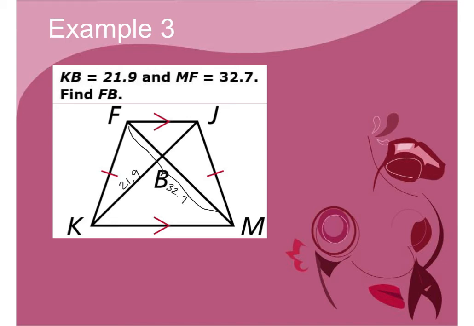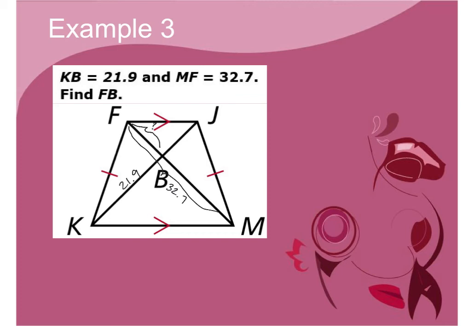And FB must be what? Well, let's figure it out. How do you guys think we would find FB? Half of 32.7, so you can divide by 2.